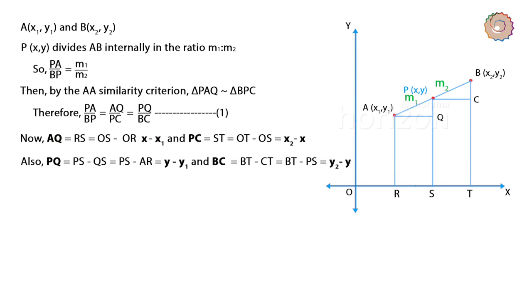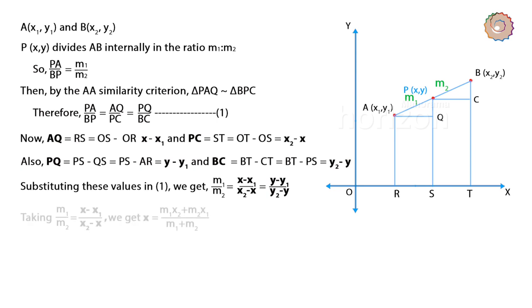Also, PQ equals PS minus QS equals PS minus AR, which is y minus y1, and BC equals BT minus CT, which is equal to BT minus PS, which is y2 minus y. Substituting these values in equation 1, we get m1 by m2 equals (x minus x1) divided by (x2 minus x), which is equal to (y minus y1) divided by (y2 minus y).